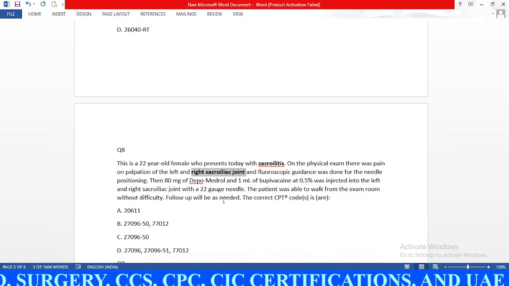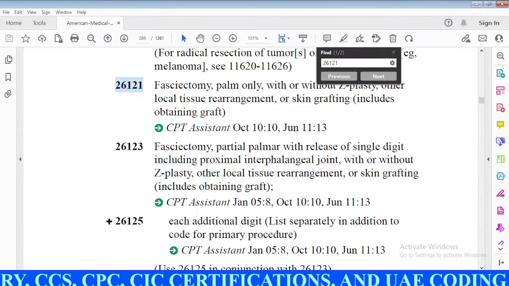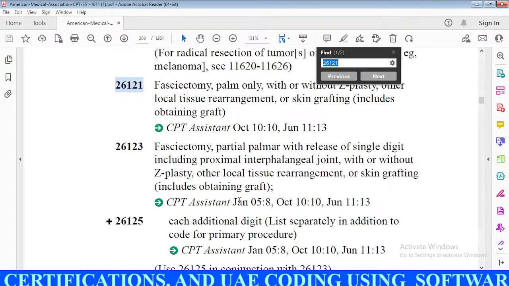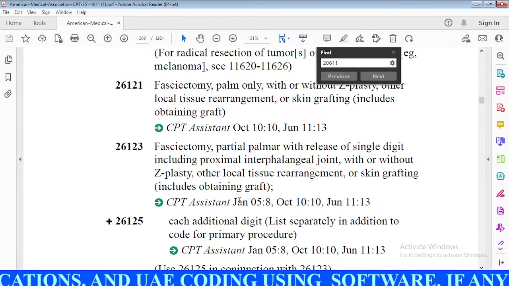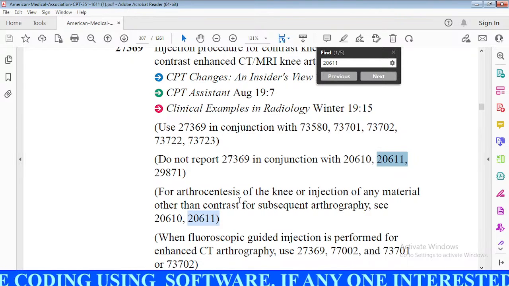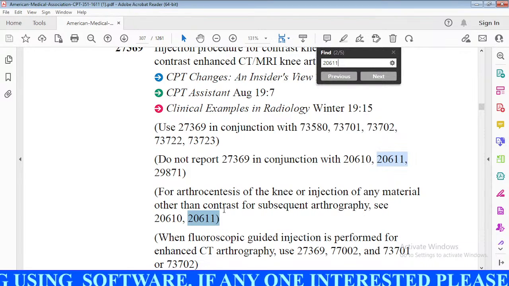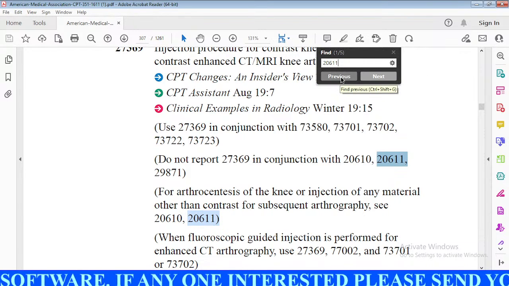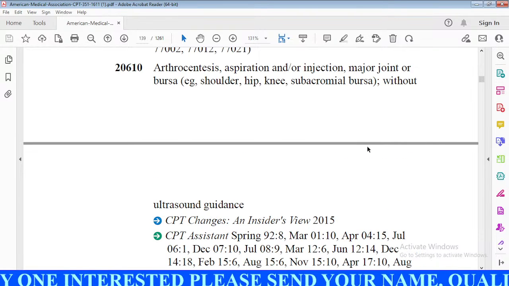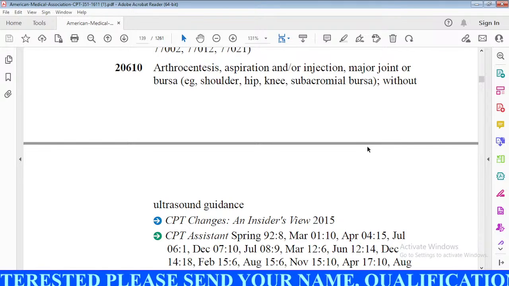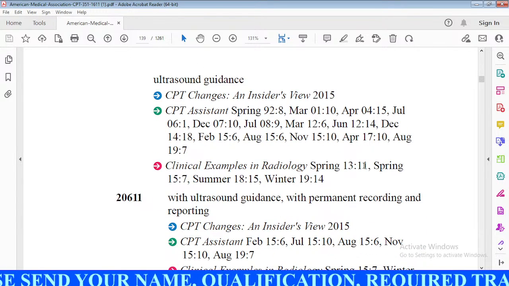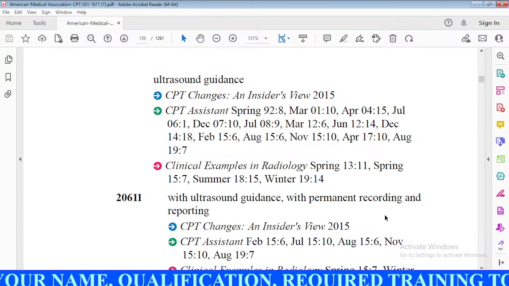So we will check 20611 first. What is this? 20611: arthrocentesis, aspiration, or injection, major joint or bursa, shoulder, hip, knee, subacromial bursa, with ultrasound guidance with permanent recording and reporting.